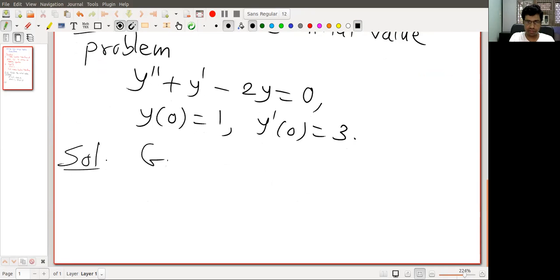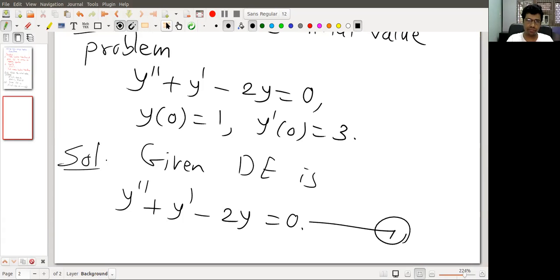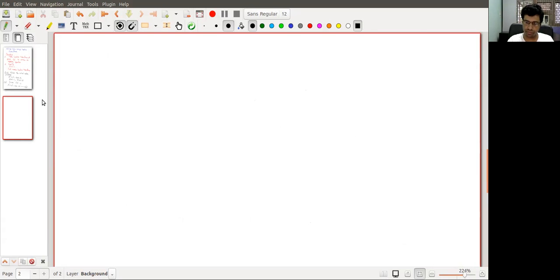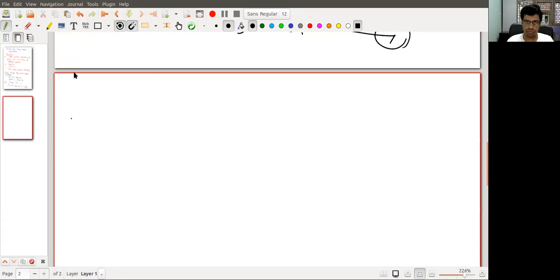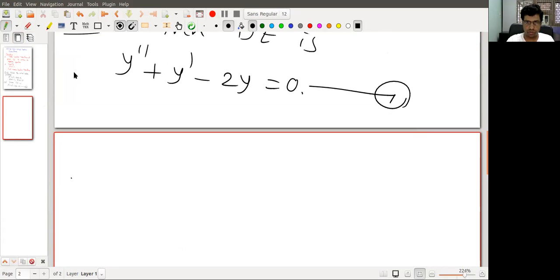So given differential equation is y double dash plus y dash minus 2y equal to 0. We take Laplace transform of this equation. Before that, we write the formula for Laplace transform of derivatives.